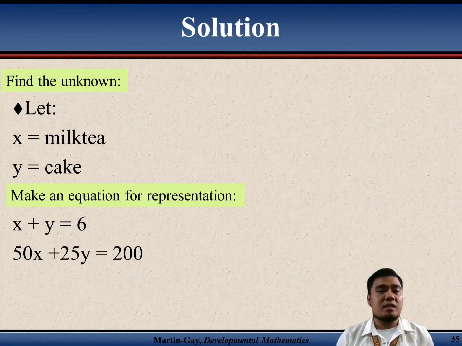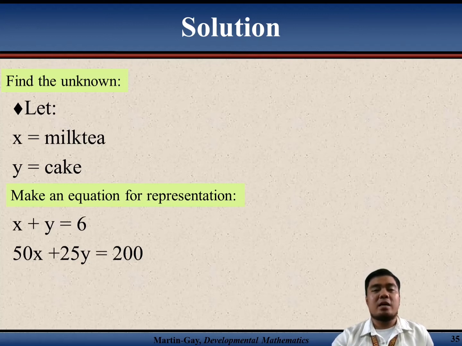Always remember that the variable used in algebra is used to represent the unknown, meaning that unknown has a value. That is the purpose of the variable, to represent the unknown for us to get the value. So in that specific problem, I will let x be the number of bottles of milk tea and y the number of slices of cake.